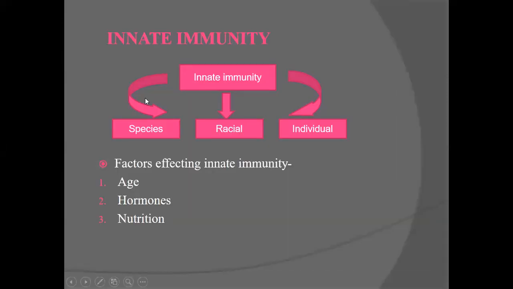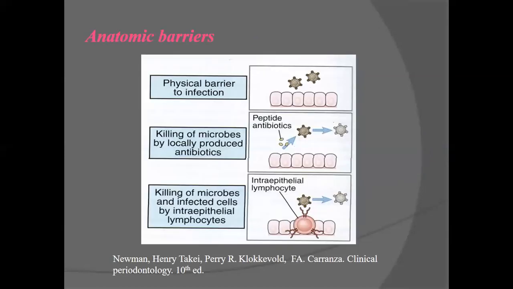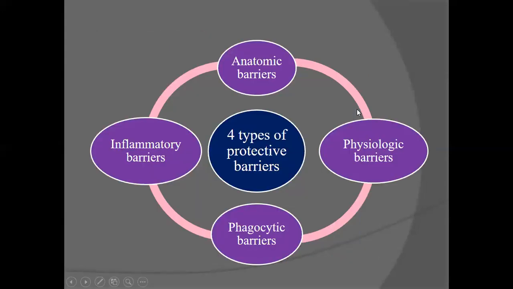Innate immunity is based on your species, your race, your age, your nutrition, and there are a lot of protective barriers. You have got anatomic barriers, physiological barriers, phagocytic barriers, and inflammatory barriers.